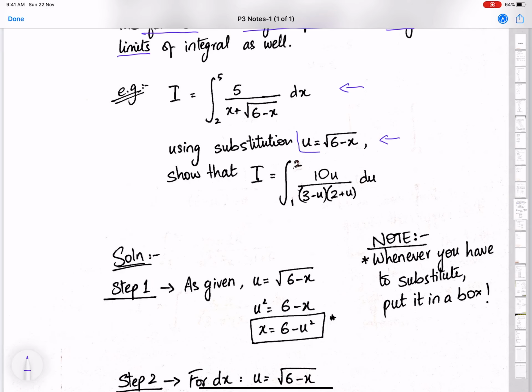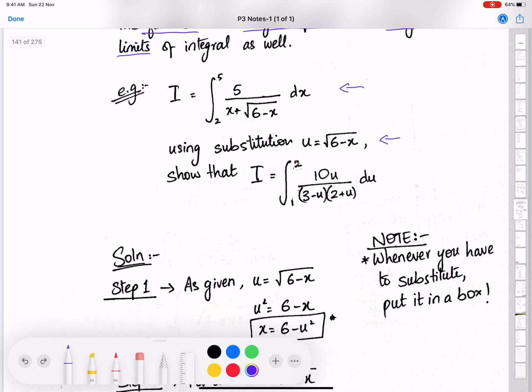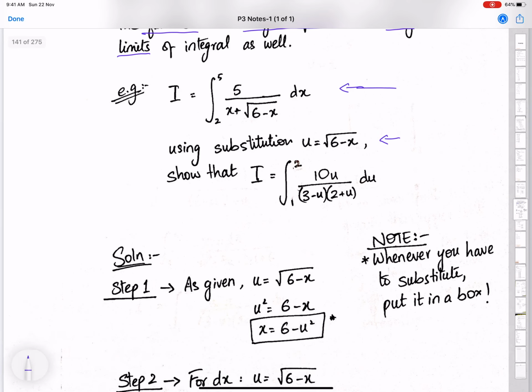They will always give you the substitution, and this is the substitution u. With the help of this substitution we have to show this integral can be written in this form. Whenever you do substitution, put the thing in a box.